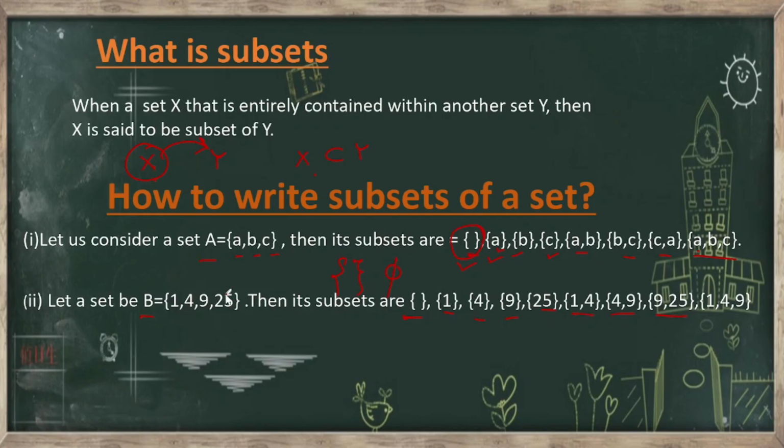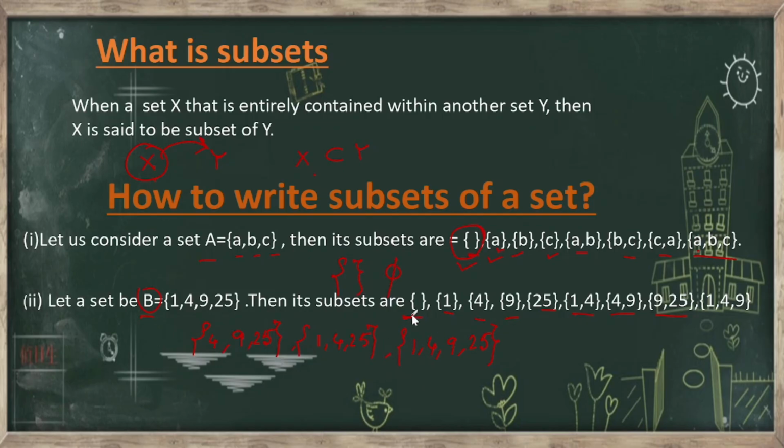We cannot write {25, 9} again because {9, 25} and {25, 9} are the same. Then sets containing three elements: {1, 4, 9}, {4, 9, 25}, and {1, 4, 25}, in order. Next, the set containing four elements: {1, 4, 9, 25}. So these are all the subsets of the set B.